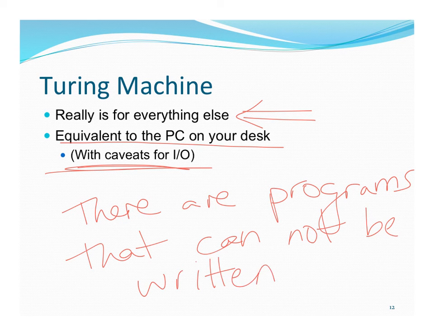And if a Turing machine is equivalent to any other computer, and we're not going to prove that, but trust me on it, then if we can prove that a program can't be written on a Turing machine, then we can prove that program can't be written anywhere. And we are very, very close to proving that there's a program that cannot be written. That's 2 lectures from now, so get ready. Very exciting. It really is. It's good. It's cool. You will like the proof. You may have to watch the video a couple times because it's going to be one of those what-did-I-just-see proofs, but it's a good proof.